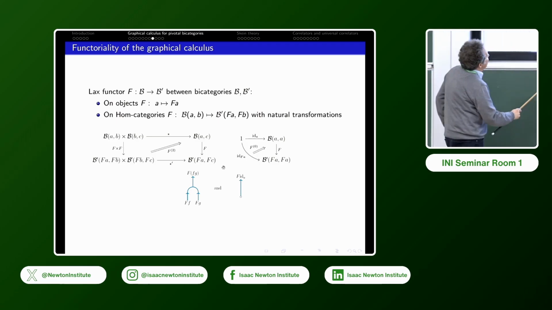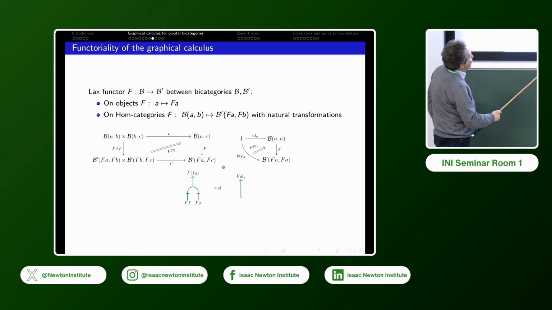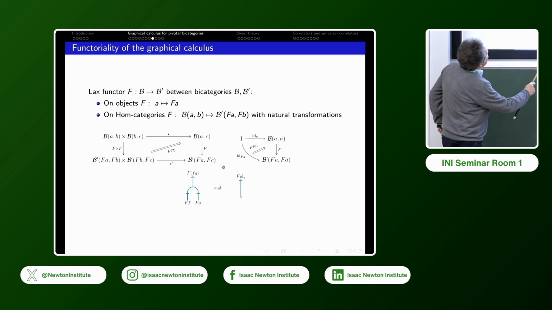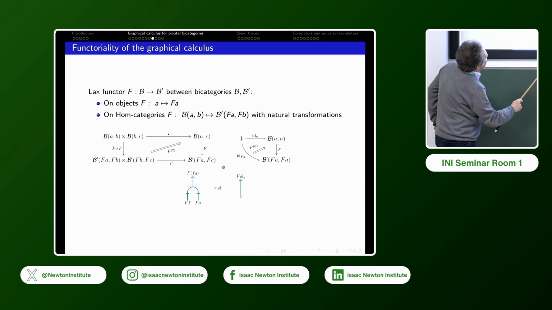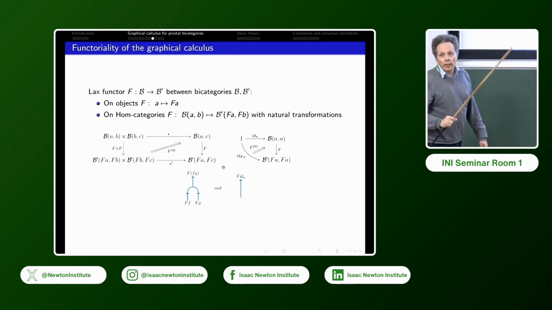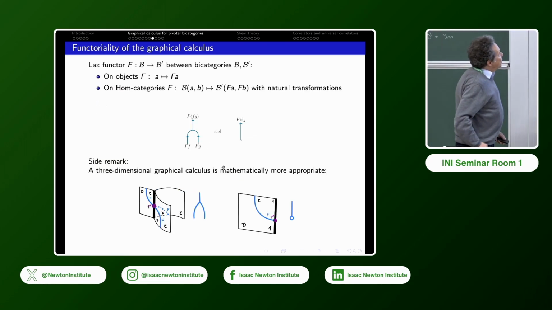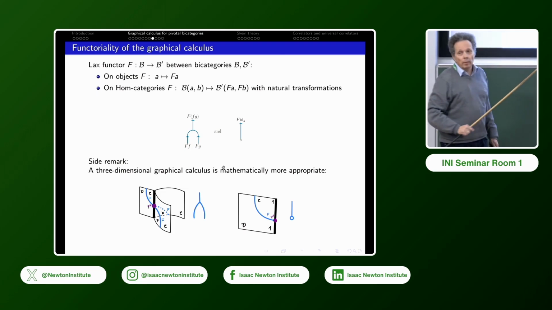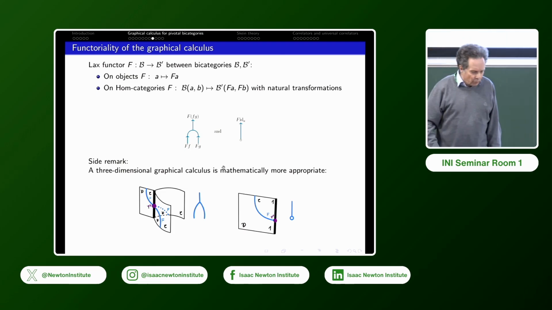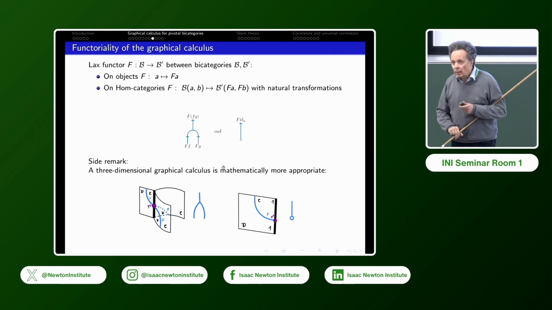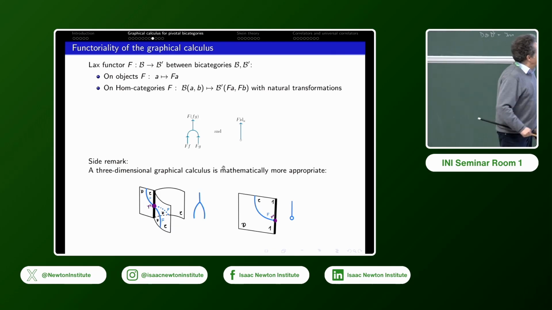I'm first mapping little f with my functor F, little g with my functor F, and then I have to compare it with the other direction where I first multiplied little f and little g, and then mapped it. You see this looks like a multiplication. Now, this graphical calculus is a bit fishy. It can be turned into a decent graphical calculus, and more or less you have seen a variant of this graphical calculus earlier in this conference in Katrin Meusburger's talk.